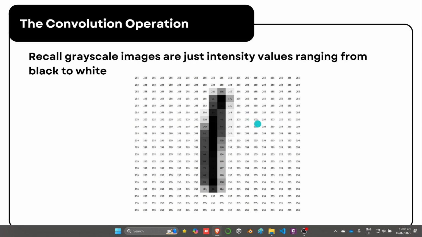Well, in reality, grayscale images are represented from 0 to 255, with 255 being white. So you can see it's all white here.